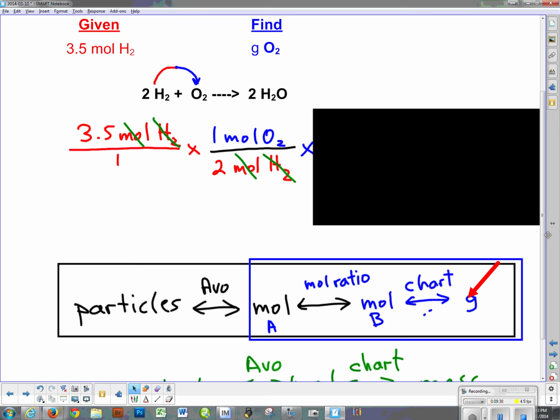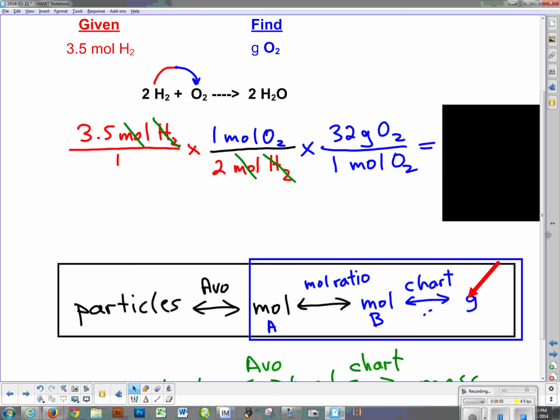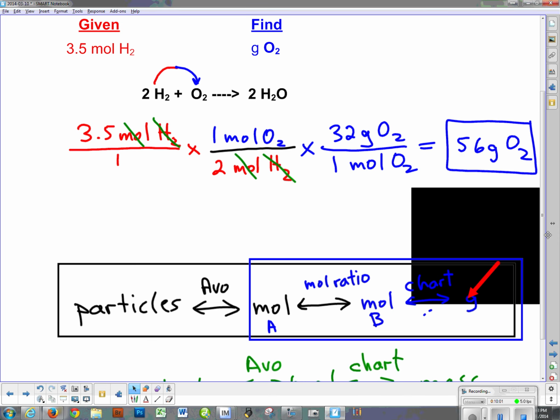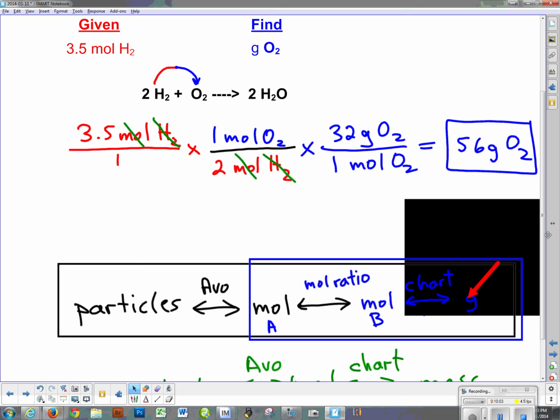Okay, so we have 32 grams of O2, and where's the 1 mole? What goes on the bottom? 1 mole of O2, and what goes on top? 32 grams of O2. Yep. Okay, and when we run the numbers, we come up with 56 grams of O2. Okay? And that's about as tough as it gets.